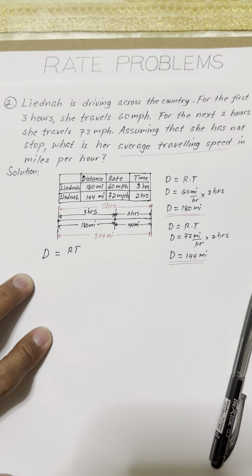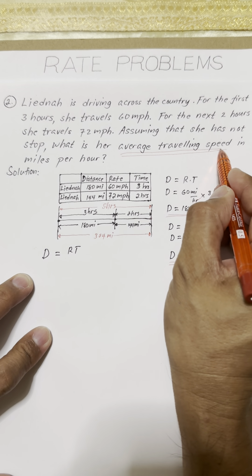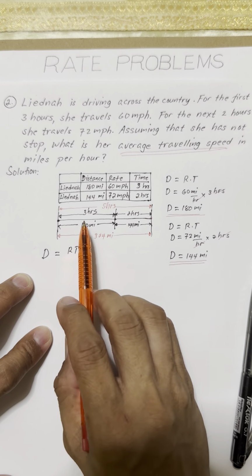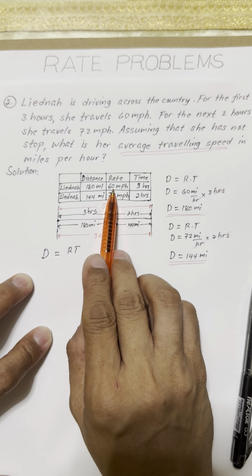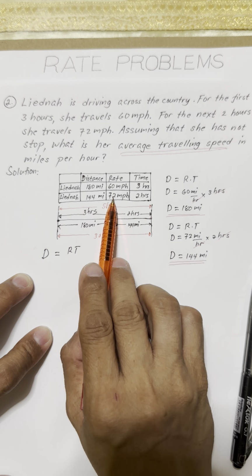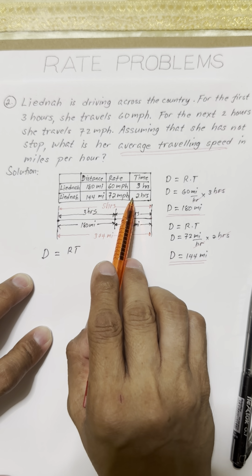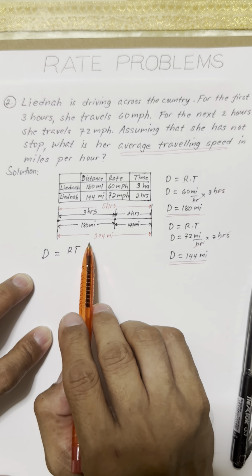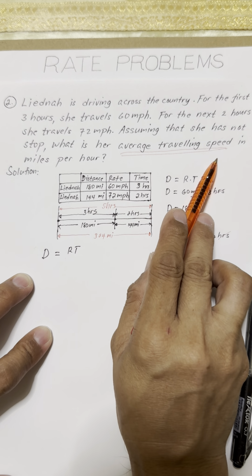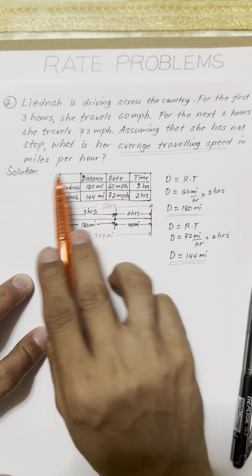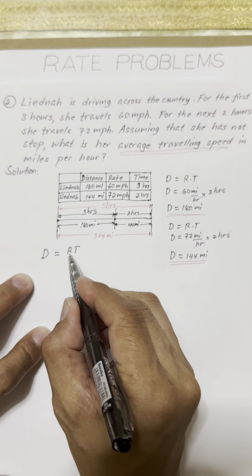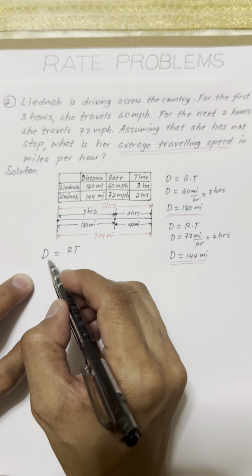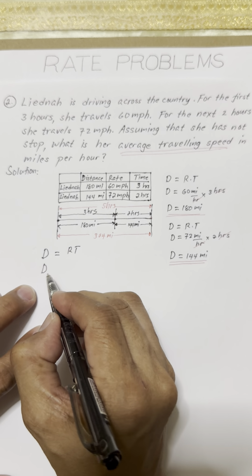So from the formula, distance equals rate times time, we are asked to find the average traveling speed. Average, because for the first 3 hours Lidna travels 60 miles per hour, and then for the next 2 hours she travels 72 miles per hour. So what is the average traveling rate in miles per hour? From this basic formula, if you want to solve for the average rate, we just divide both sides by time.